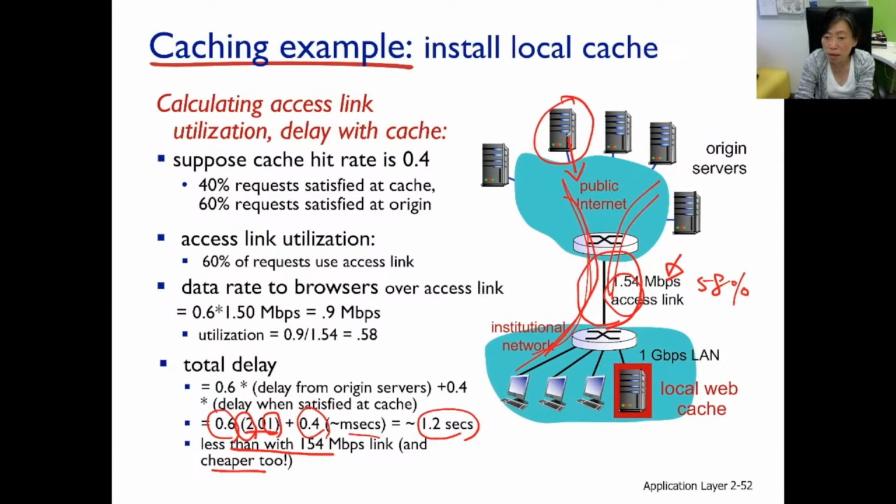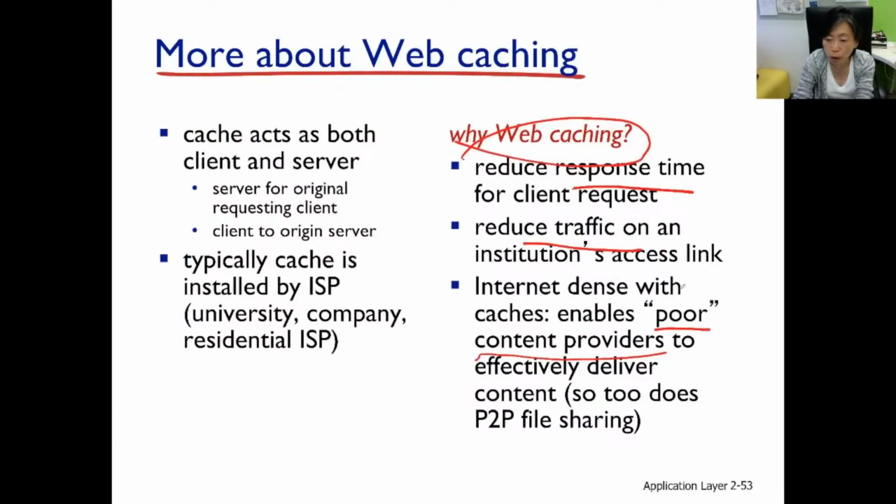Then reducing the amount of traffic going this way also saves poor content providers some resources, some money. And so web caching there also helps the poor content providers to deliver content, all right? And this could be a good thing because most of the NGOs might also have information to disseminate, but they couldn't provide good uplink bandwidth.